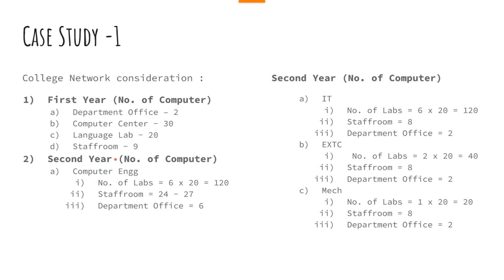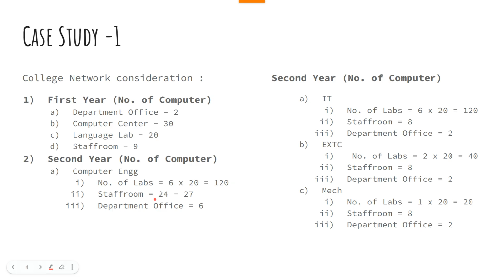In the second year you will have a computer engineering branch, IT branch, EXTC branch and mechanical branch. The number of labs can of course increase year wise, but I am saying that right now we are building all 6 labs. So 6 labs into 20 machines means you will have 120 computers.